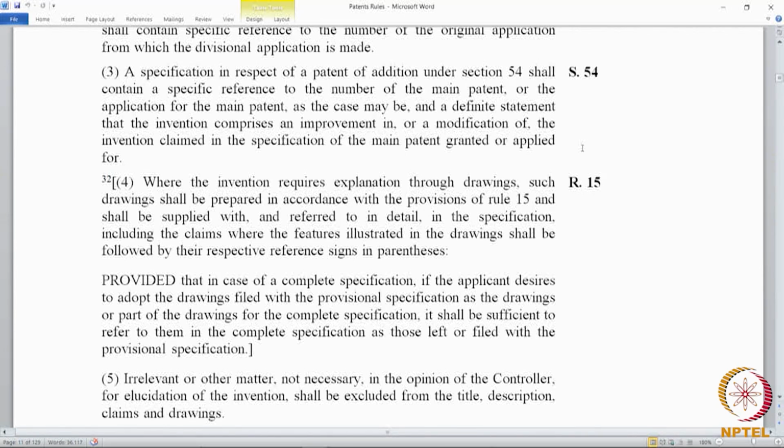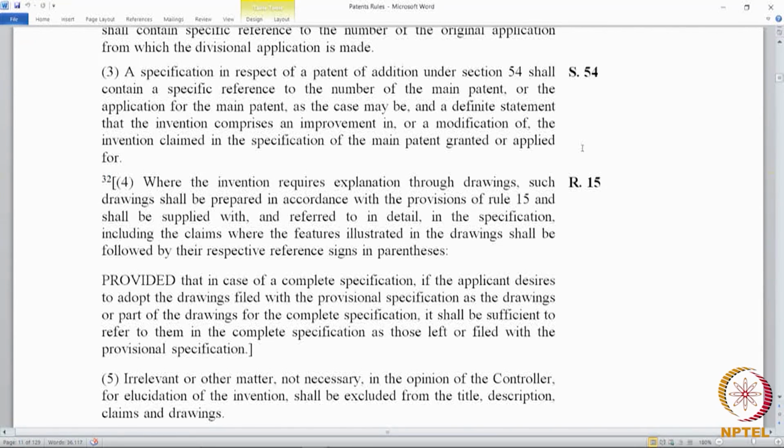So, there has to be reference in the claim where the features illustrated in the drawing shall be followed by the respective reference signs in parenthesis, which are numbers. The parts of the invention are described in the drawing by way of numbers, so there has to be a specific reference to that number in parenthesis in the claim.